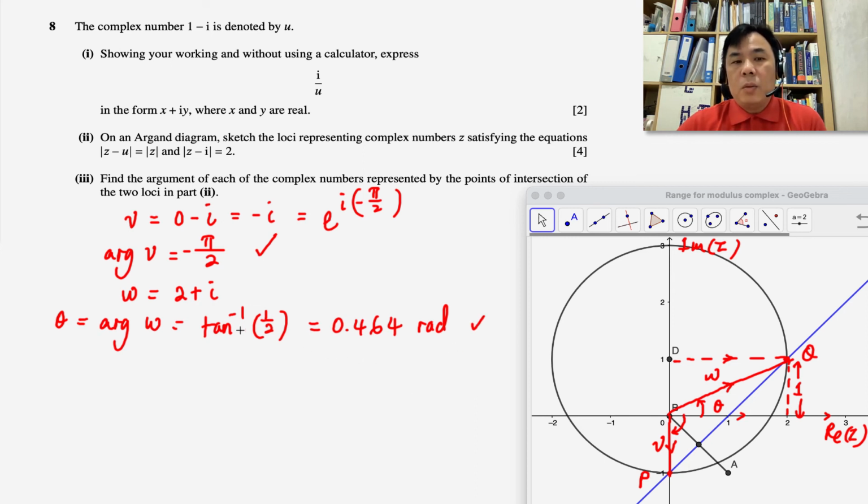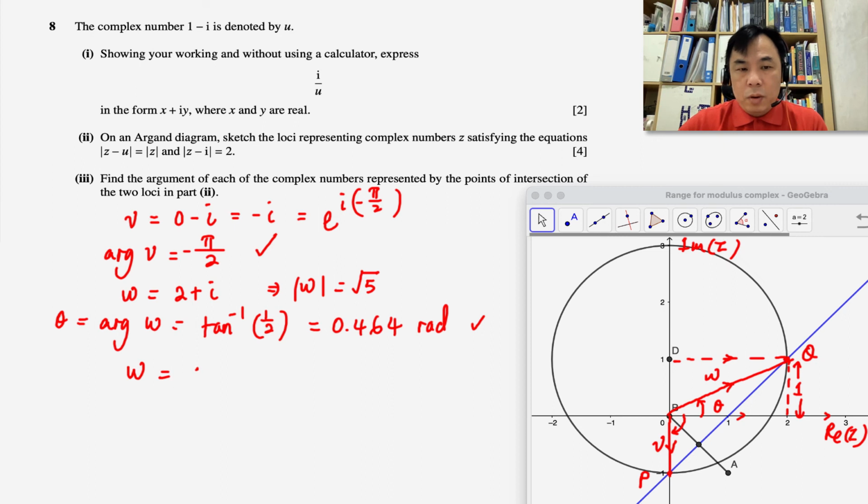Okay, and then of course, lastly, before we end, we can also represent this complex number in the Euler form. In terms of Euler representation, first of all, you have to find out the magnitude for this complex number W, which is root 5.